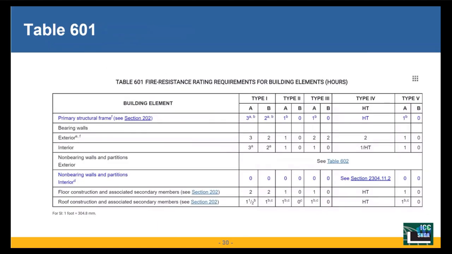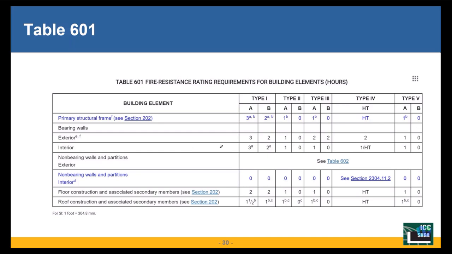So this is the table, and you can see there is the primary structural member, for example, and then the type of construction. Based on the type of construction, you have the required rating. For bearing walls, if it's exterior bearing walls, type 1A, the rating required is 3 hours. For type 1B it is 2 hours.